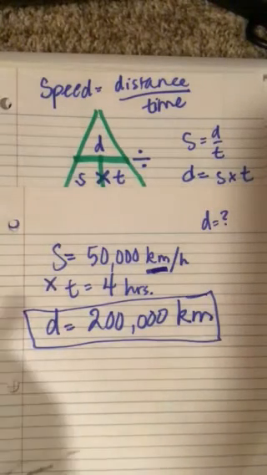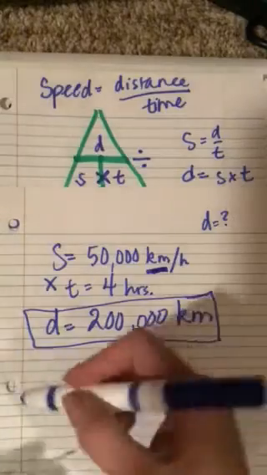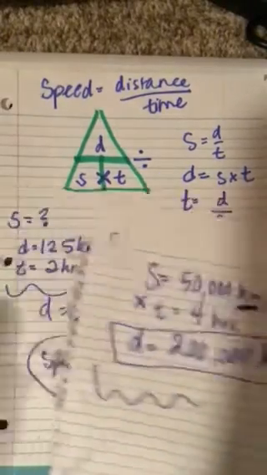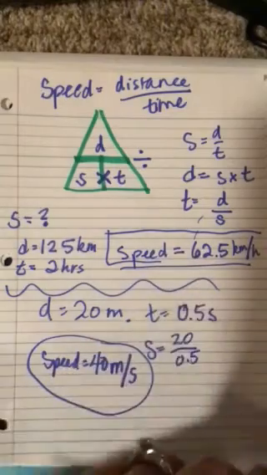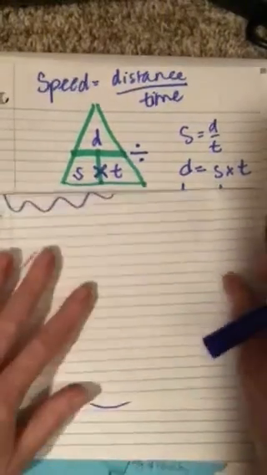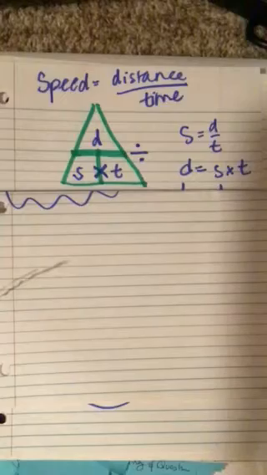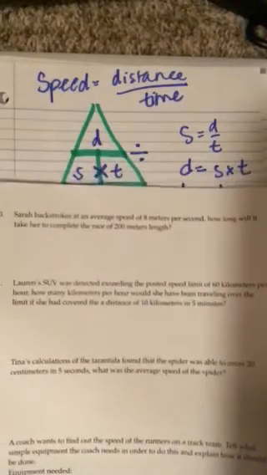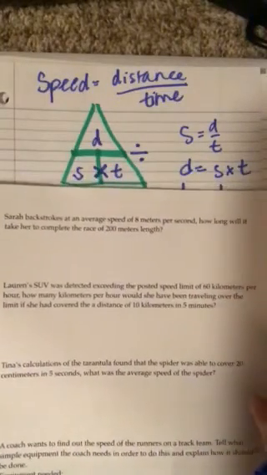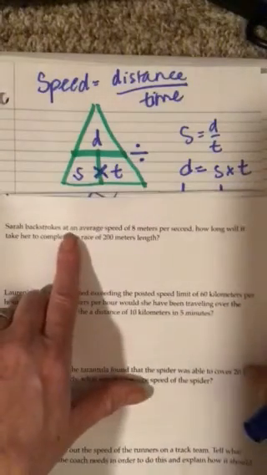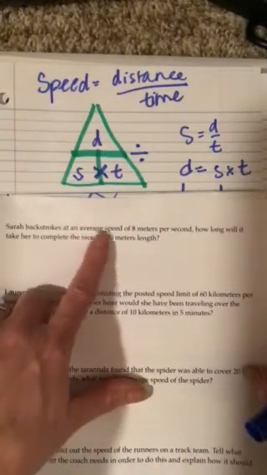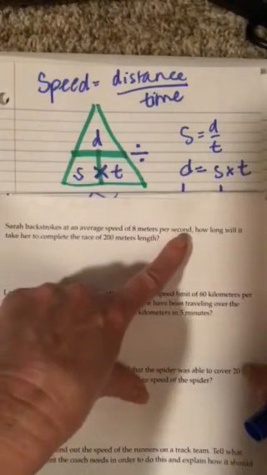Okay, here's one for time. All right, this next one we're going to be looking at will be to discover how to calculate for time. Sarah backstrokes at an average speed of 8 meters per second.